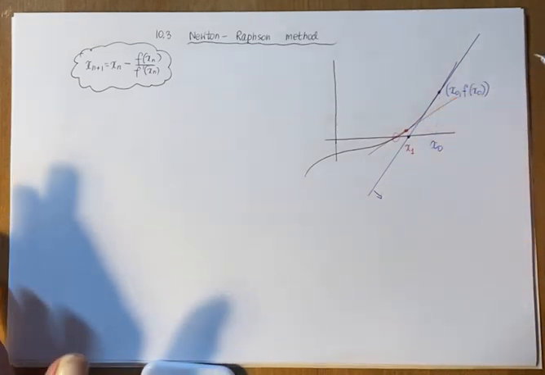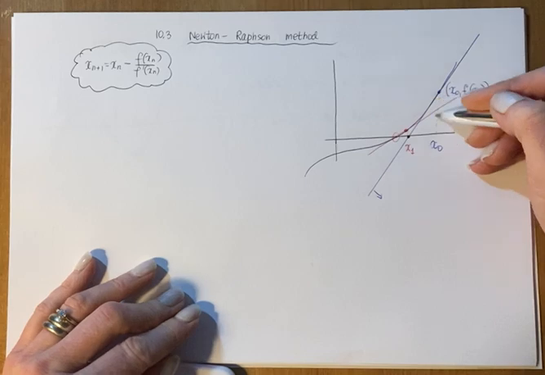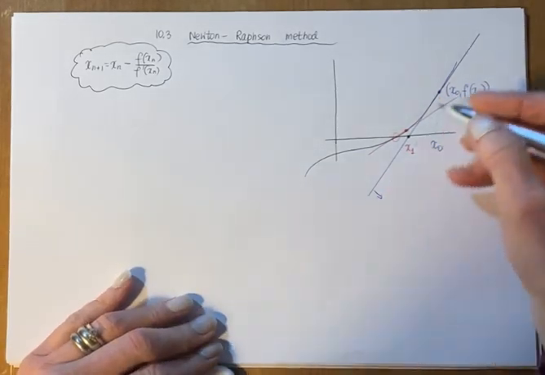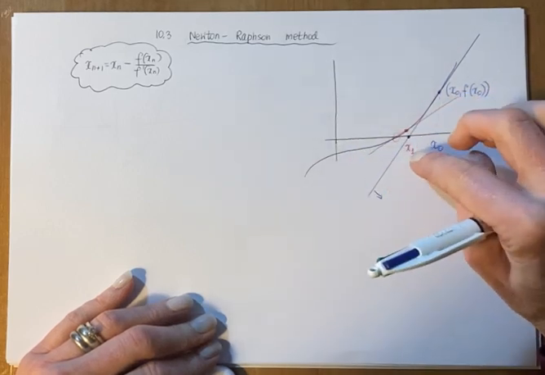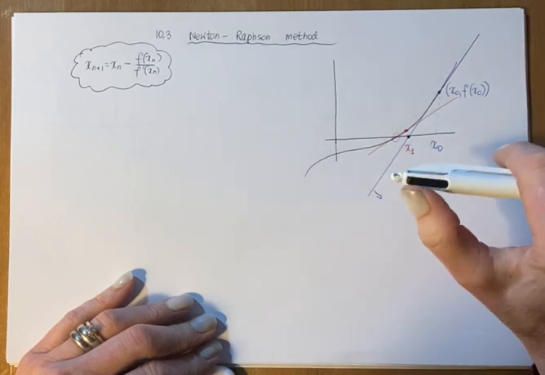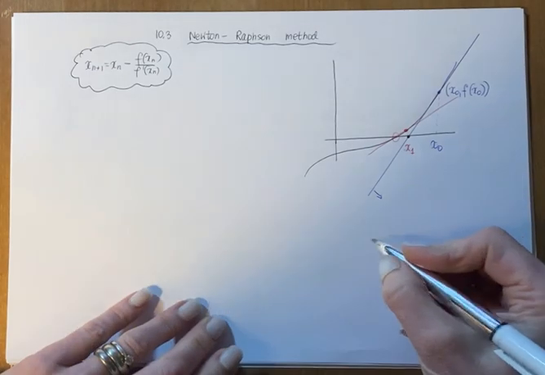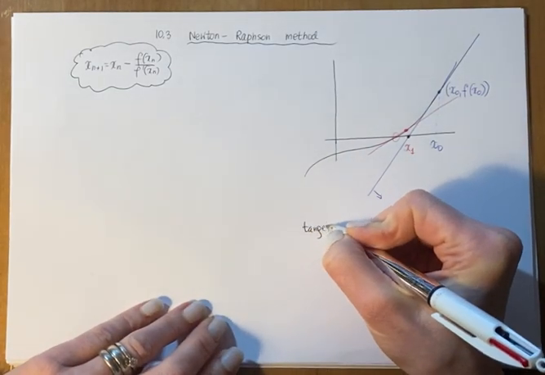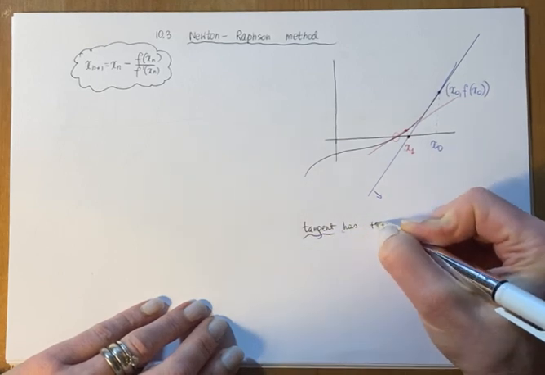Okay, how does it work? So imagine starting with the first one over here, so x0. Let's find the equation of that tangent, and let's use it to find the value of x1. So look at this very carefully. You can generalize it for xn, but let's just use x0 and x1. So the tangent has the following equation.